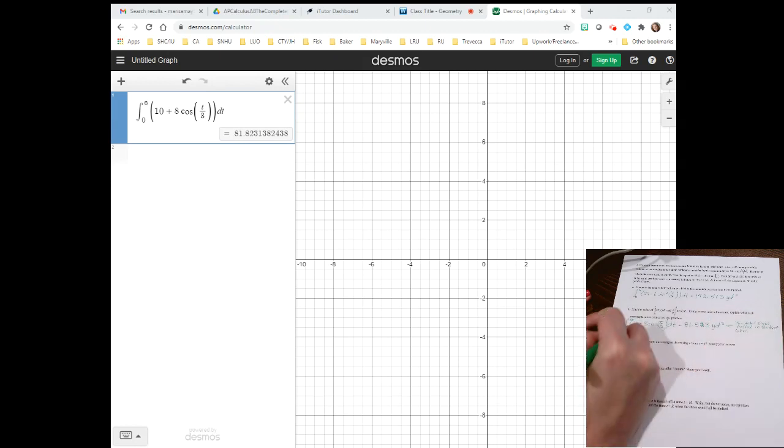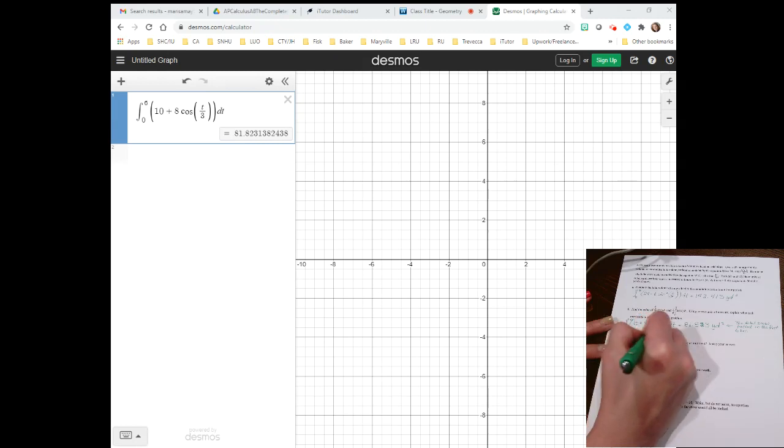Okay, now if we put the 1/6 over there, and I really want you to think of this as 1 over 6 minus 0 of the same integral, we're just going to take that answer that we got before, and we're going to divide it by 6. So let's see what we get when we divide that by 6. Oops, sorry, I think I multiplied it by 6. Let's see.